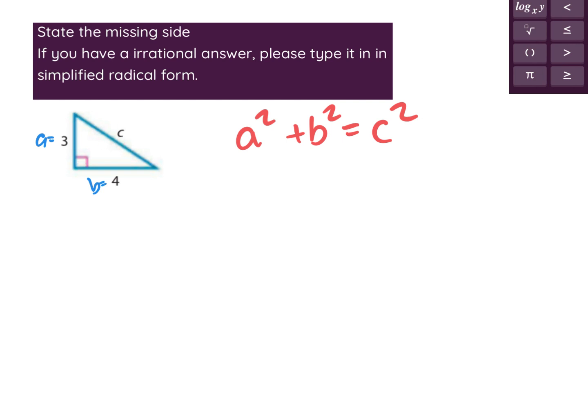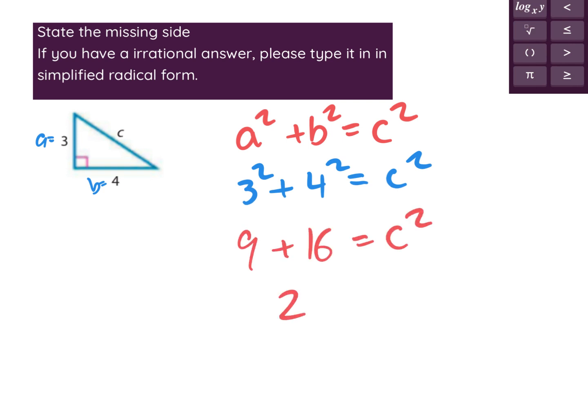So you're going to have a squared, that's 3 squared, plus b squared, 4 squared, equals c squared. When you do this math, you end up with 9 plus 16 equals c squared. 9 plus 16 is 25. I want to write it as c squared equals 25. I always like having my letters on the left and the numbers on the right.